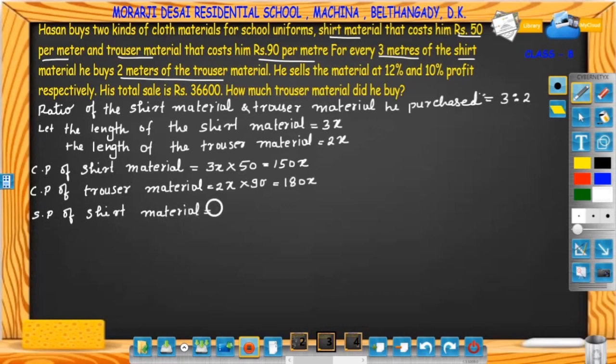Now selling price of the shirt material. Selling price is equal to cost price plus profit. Now profit is 12%. Percent means out of 100. So 12 by 100 into, now cost price is 150x. So 12 by 100 into 150x is the profit. If you want the selling price, add the cost price, that is 150x.